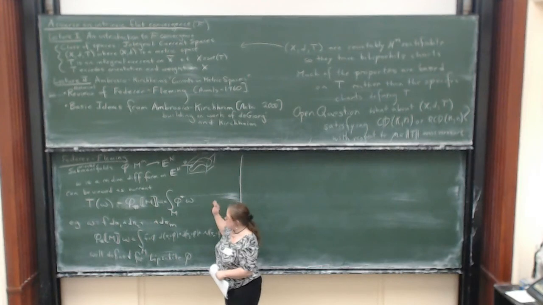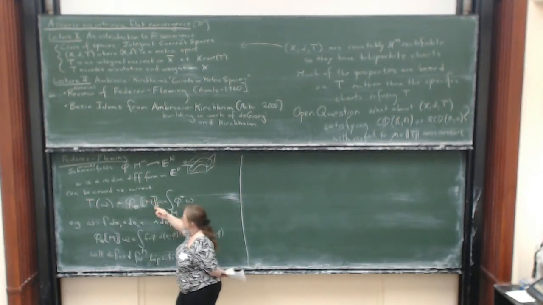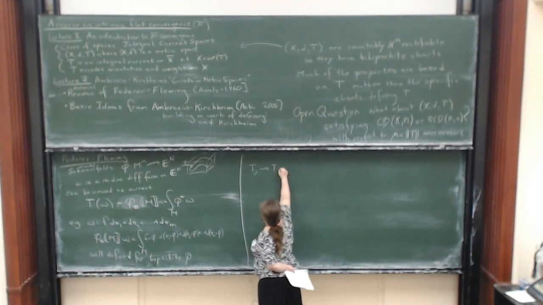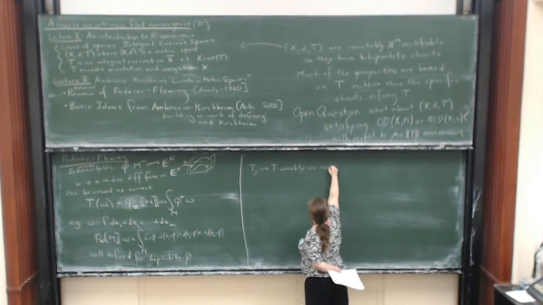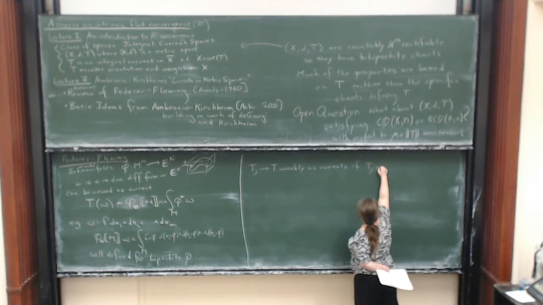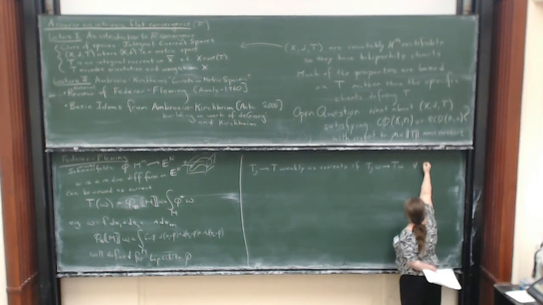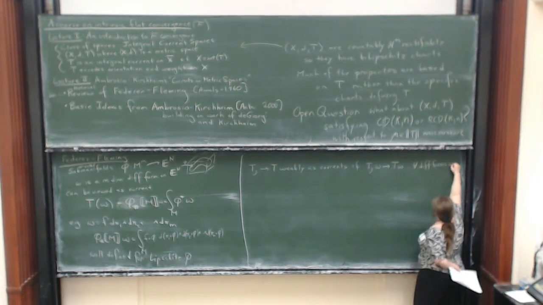So if you want to define convergence, just to be simple, weak convergence, you say T_j goes to T weakly as currents if T_j omega converges to T omega for all differential forms omega of compact support.